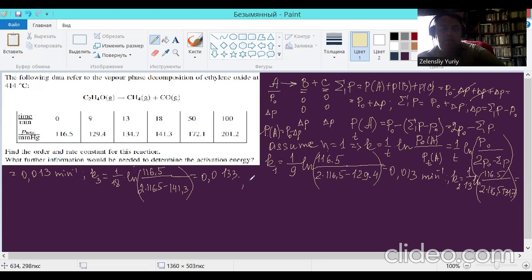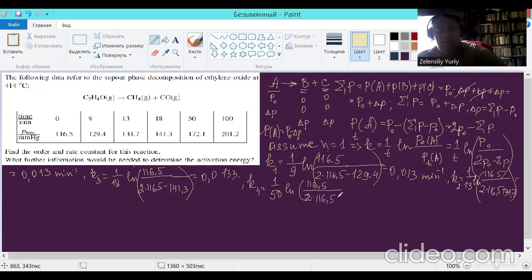Now let's do the same for k sub 4. 15. Please, when you're writing this, you should make sure that you are writing this neatly.